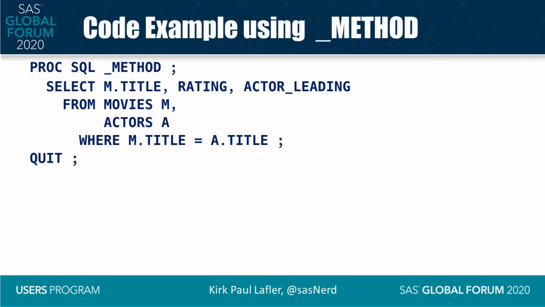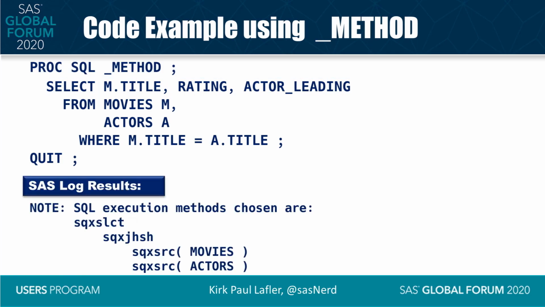And then when you execute this code with the _METHOD option, your log will show one or more of these codes. The codes will give you an indication and a better understanding of what your query did, and what the optimizer did and how the optimizer performed using your query.